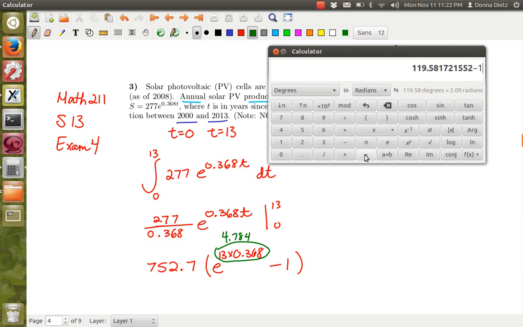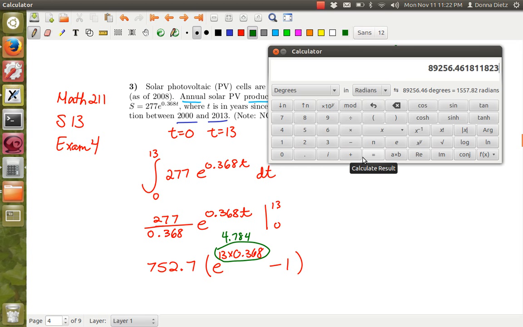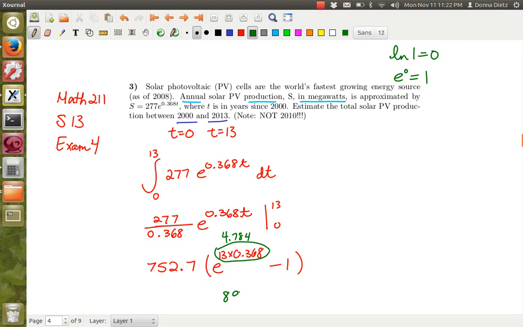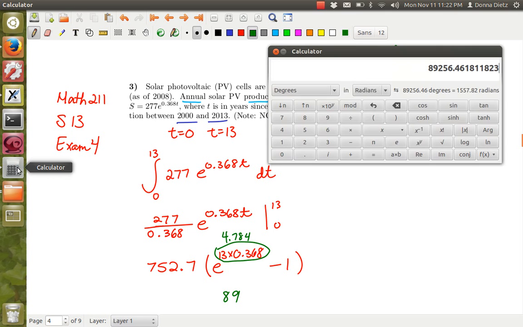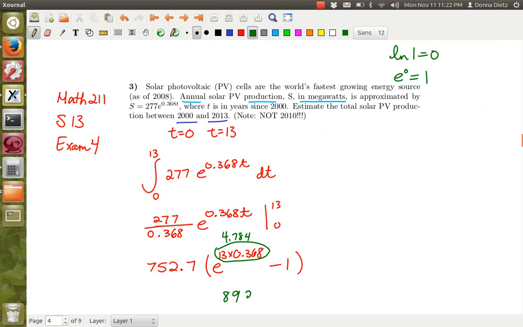That minus 1 isn't going to do us much good. And then multiply by this constant out front. Okay. And then we get 89... what was that number? 256.4. And what do we have? Megawatts, because that's what the problem says.